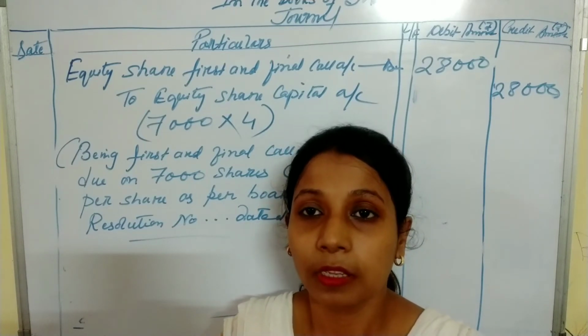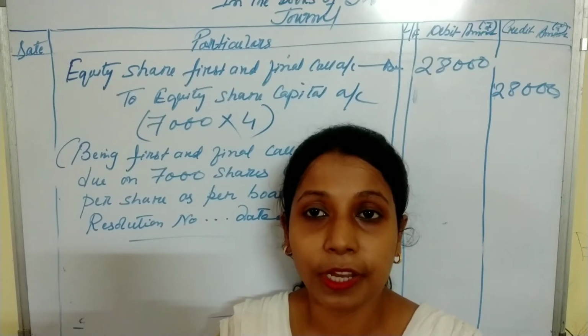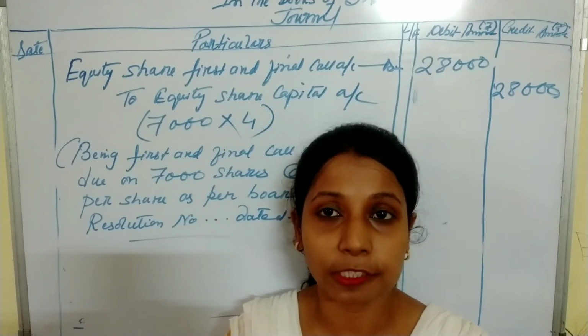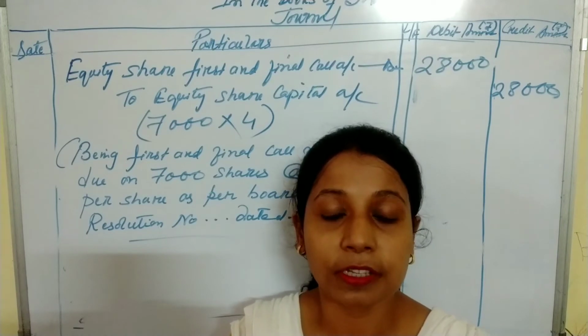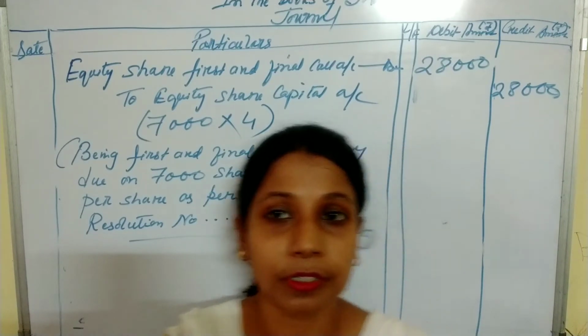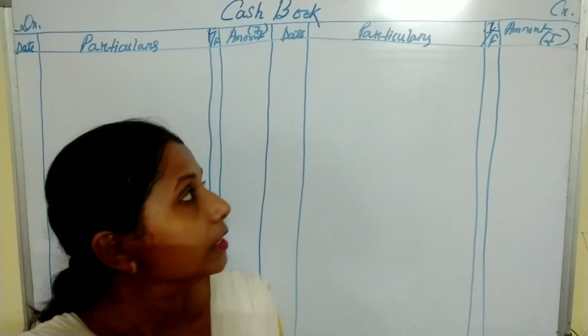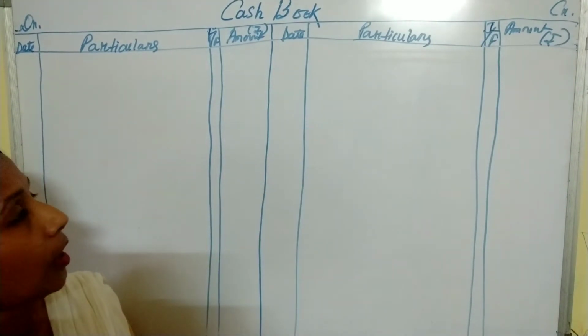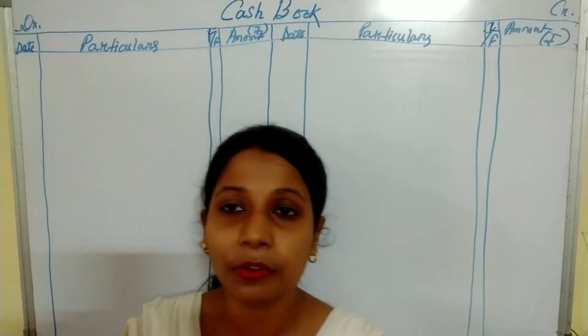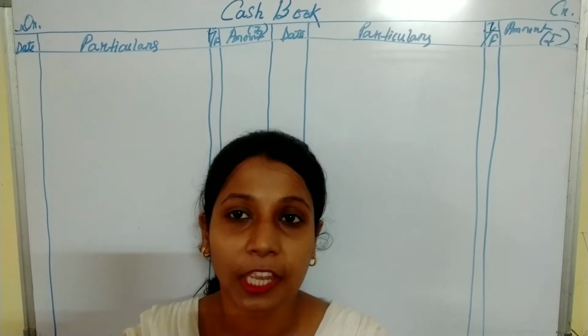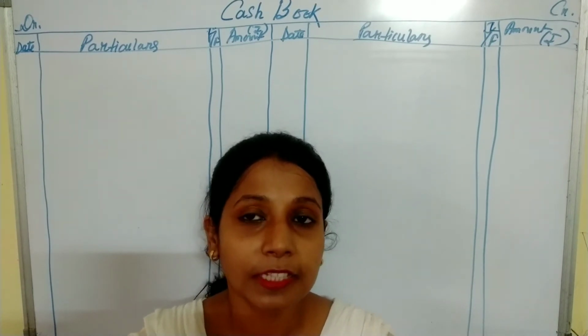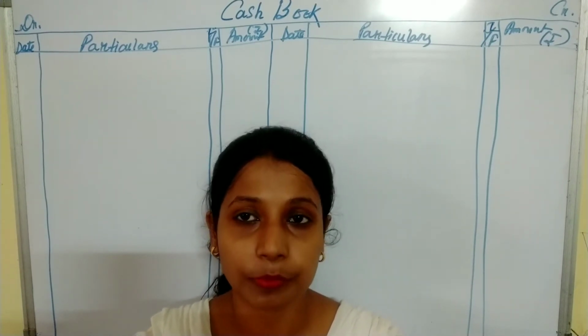So the entries relating to cash receipt and cash payment, all these entries I will record in the cash book. Student, this is the format of the cash book. So you have done earlier in your class 11 a chapter cash book. So in that chapter you have learned how to record cash book.